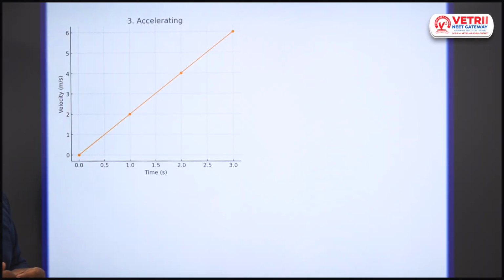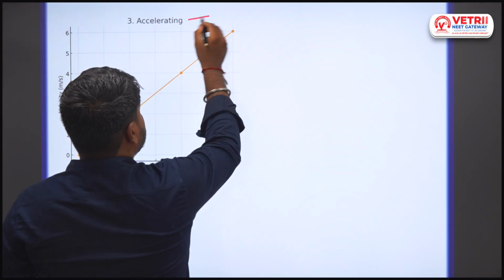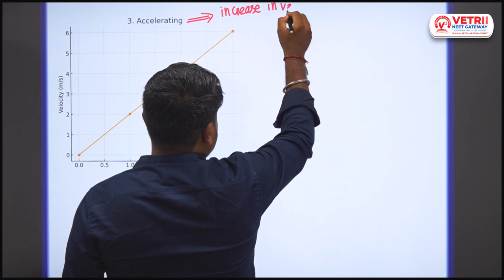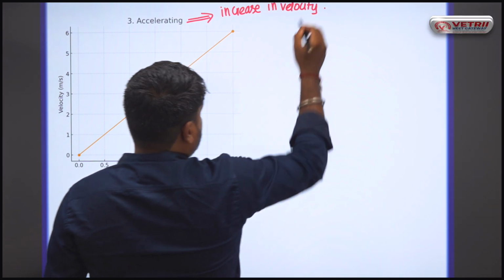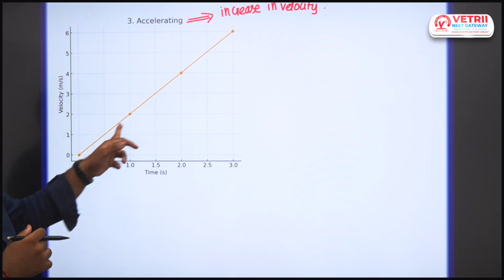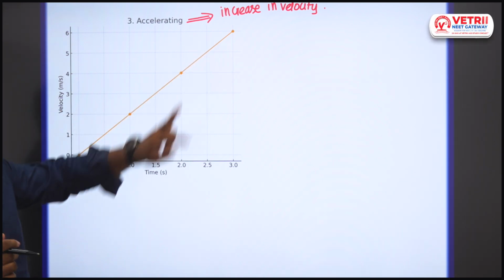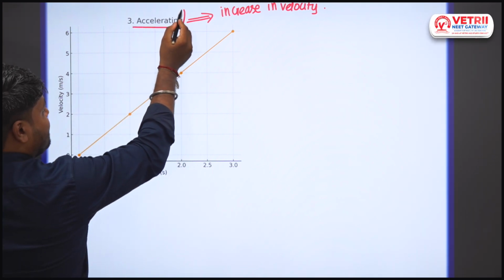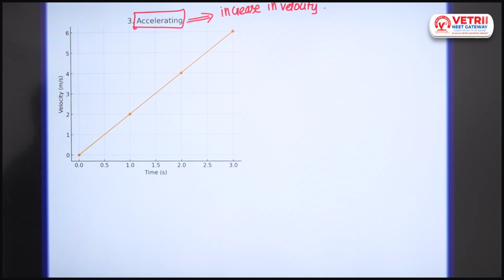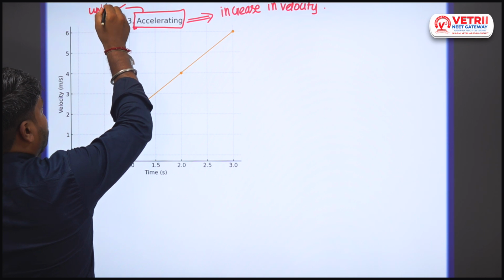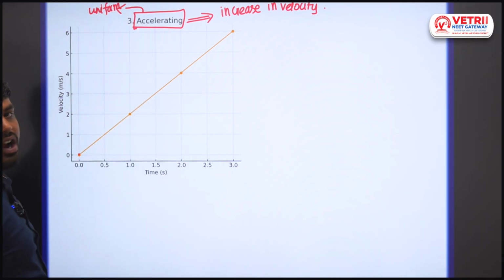Next, accelerating. Accelerating means an increase in velocity. In the velocity time graph, the slope gives you the acceleration. This is for uniform acceleration, not non-uniform.